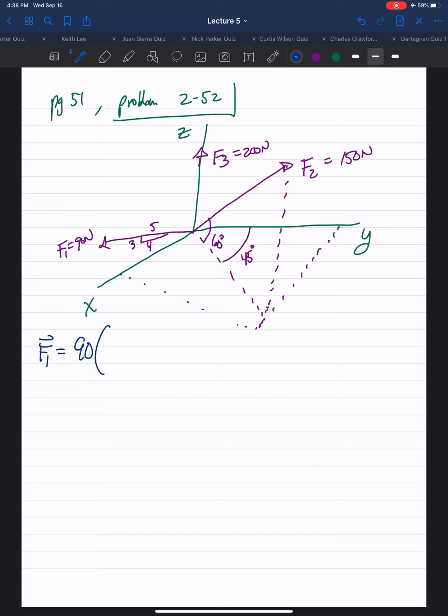So the X component here will be the 4/5 ratio, and the Z will be the 3/5 ratio. And F1 is in the positive X and the positive Z direction. So it's plus. Okay. Solving that out.